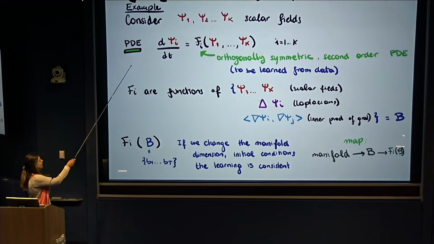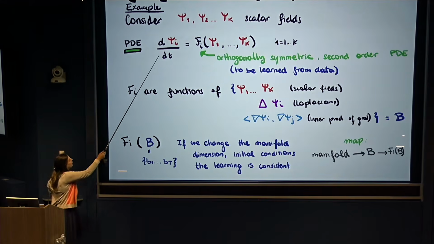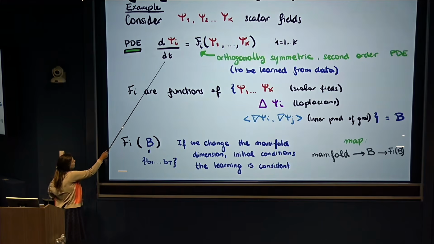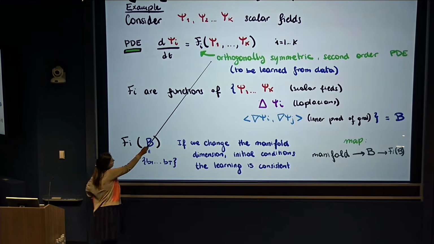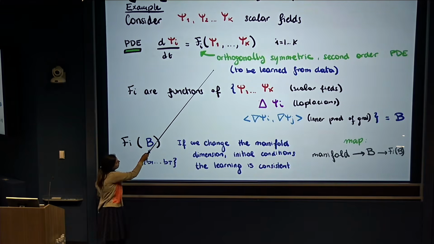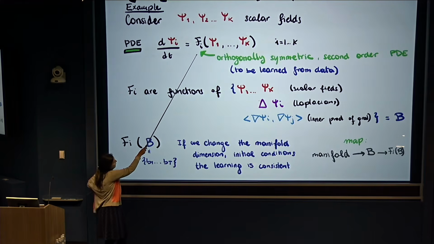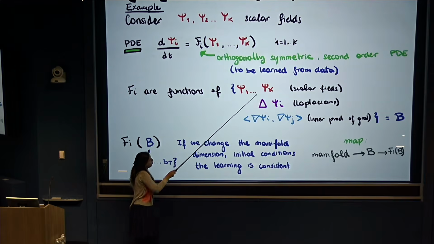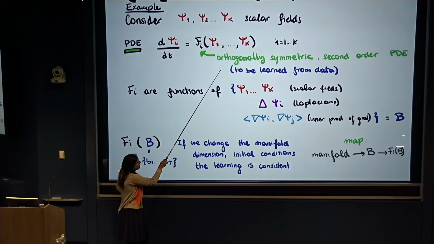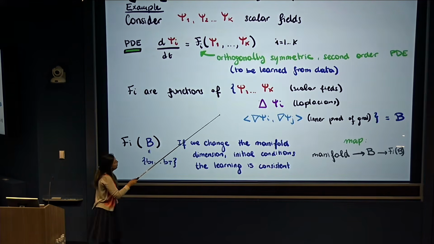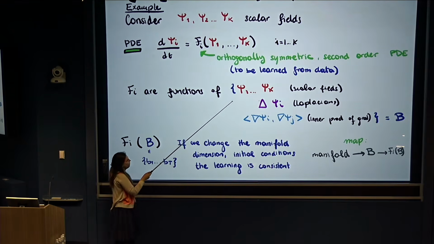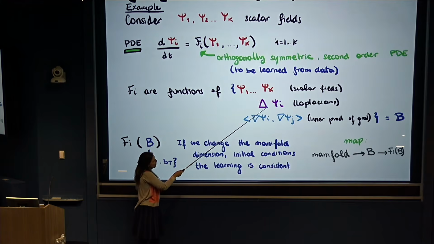For instance, in this example, I have several scalar fields, and I have the PDE given by these functions of these scalar fields. If I consider that the equations they satisfy are orthogonally symmetric second-order PDEs, and I want to learn this from data, then we can show that these functions, the F_i, need to be functions of the scalar fields, the Laplacians, and the inner products of the gradients of the fields.